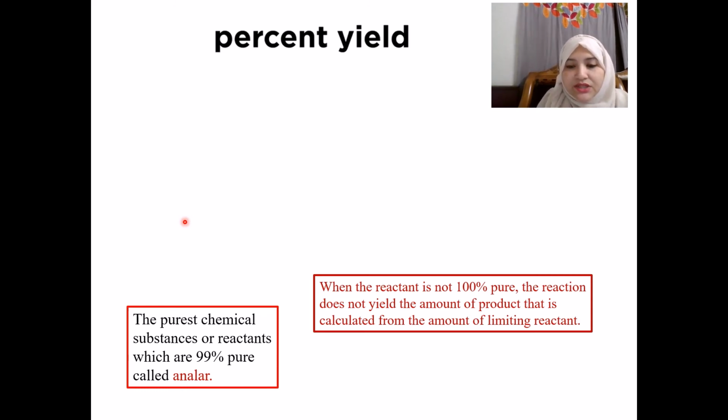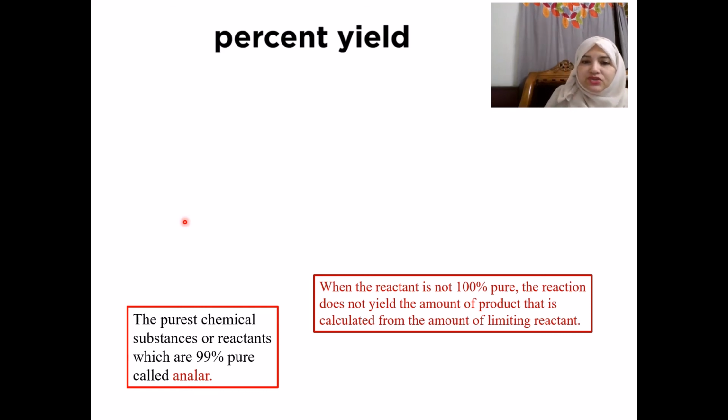That is our theoretical yield. We can only expect the amount of product equal to theoretical yield if every molecule of reactants converts into products.